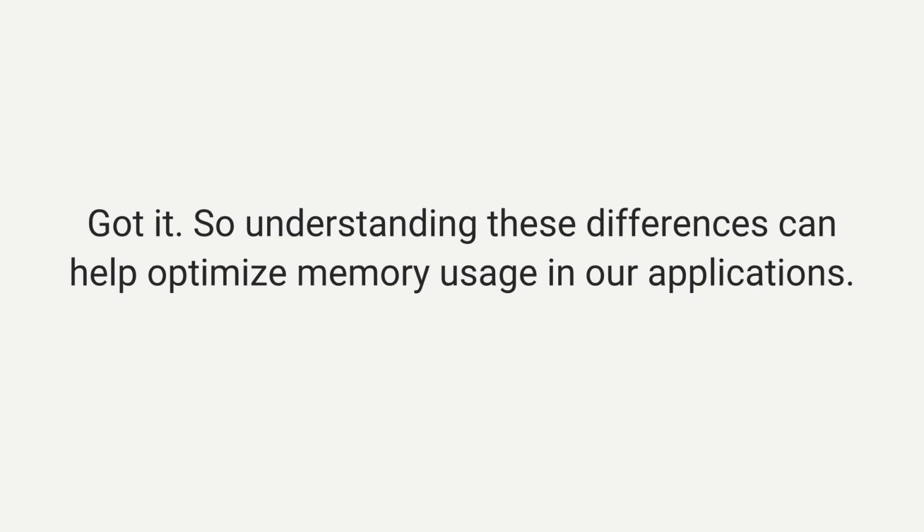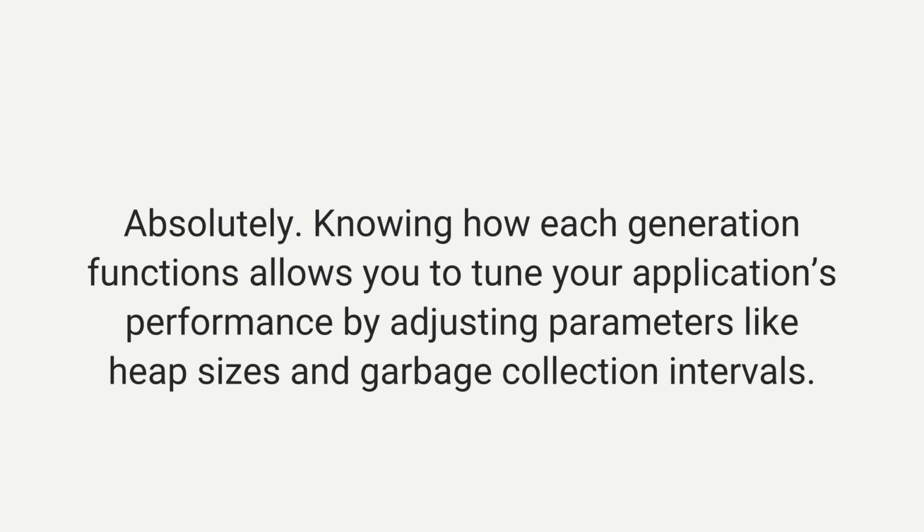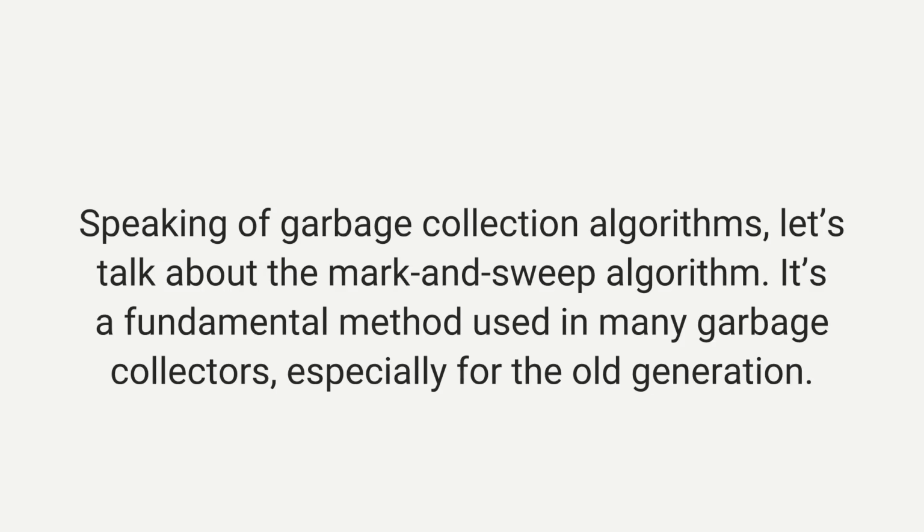Got it. So understanding these differences can help optimize memory usage in our applications. Absolutely. Knowing how each generation functions allows you to tune your application's performance by adjusting parameters like heap sizes and garbage collection intervals.